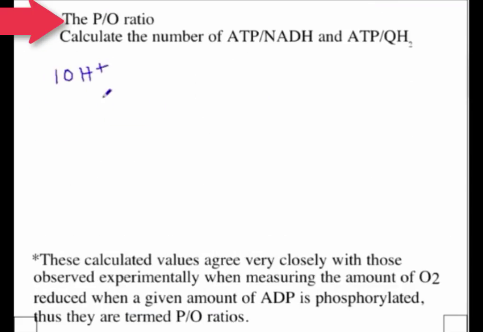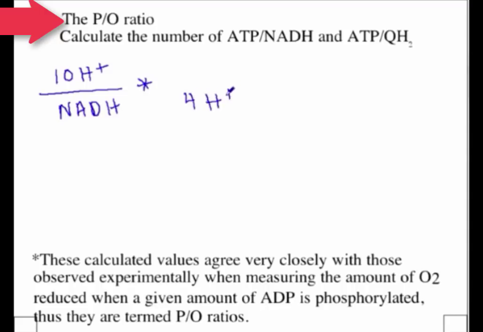For every one NADH that delivers its electrons to the electron transport chain, we remember that there are 10 protons pumped in complexes 1, 3, and 4, right? So 10 protons per 1 NADH. Now we know that it takes 4 protons to make an ATP.